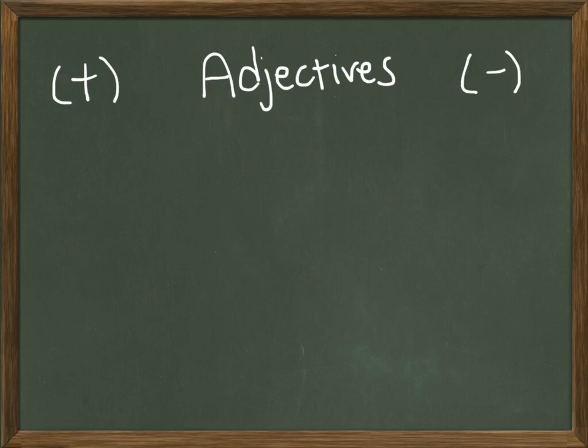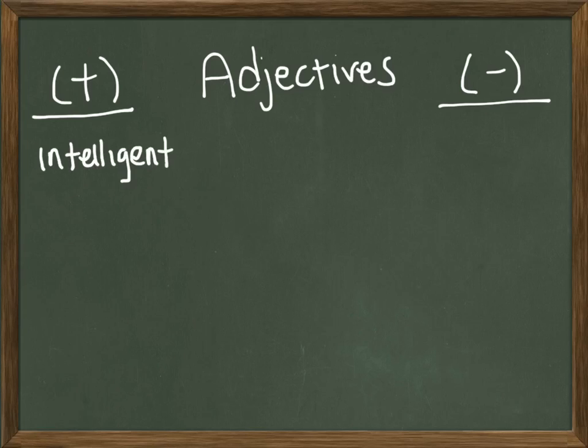The final item we're going to be covering today is adjectives, more specifically adjectives that express a positive or negative description. The first one we're going to talk about is intelligent, and its opposite, which would be stupid.